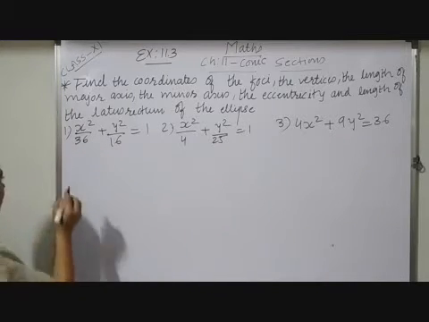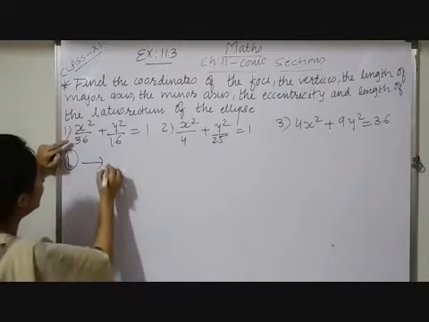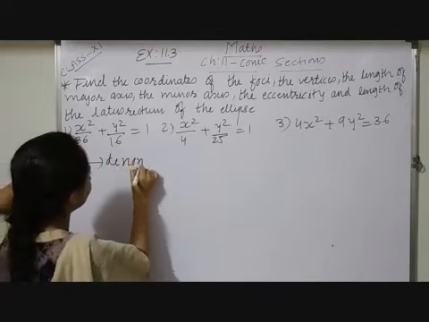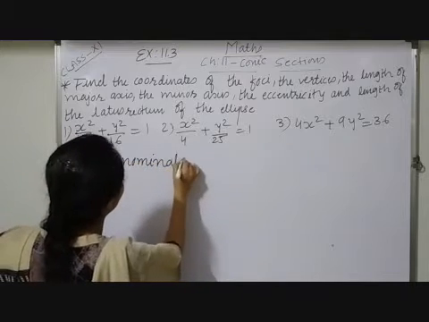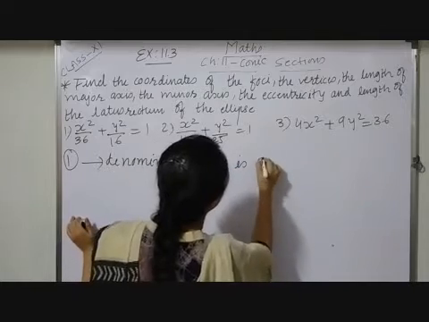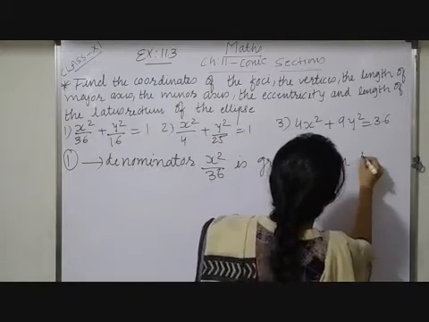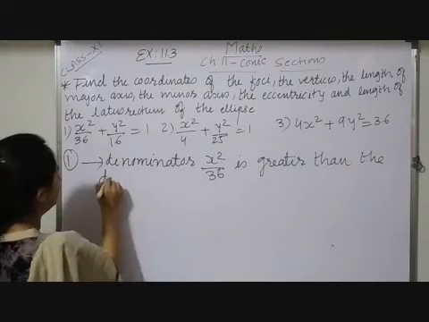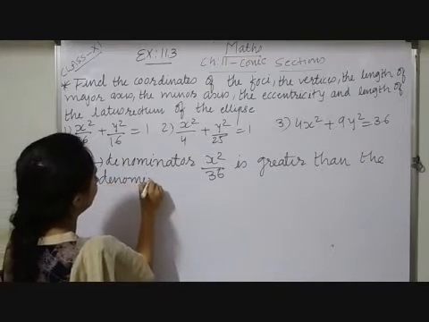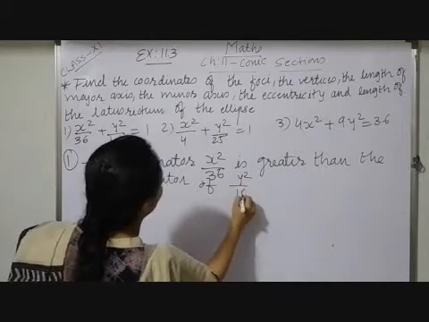Observe here this first question, first solution. Now see, here observe the denominator of x square upon 36 is greater than the denominator of y square upon 16.